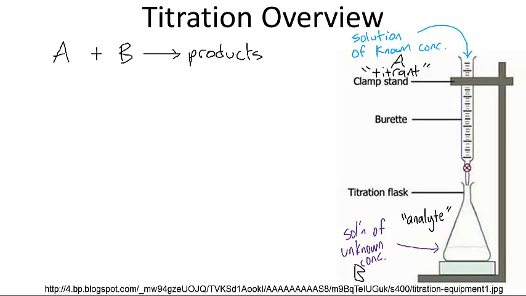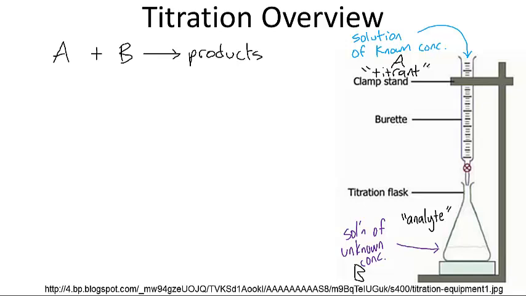So they're going to undergo some reaction. A plus B makes products. Maybe there are coefficients here in this equation. But the point is, you need some observable change to happen when all of, say, your analyte gets used up. All right.